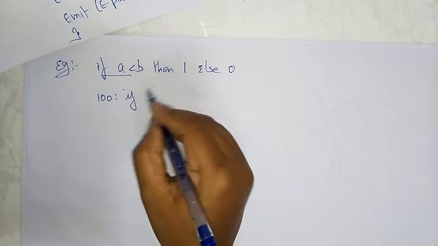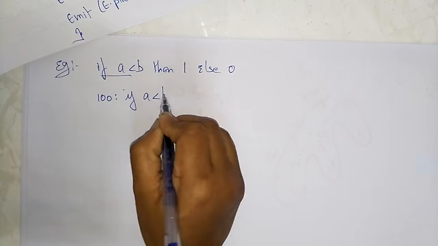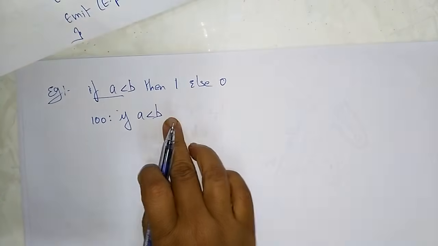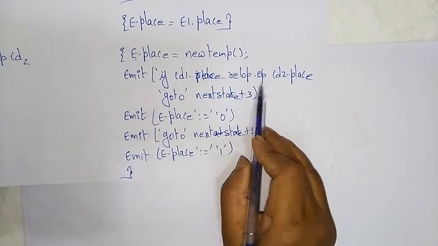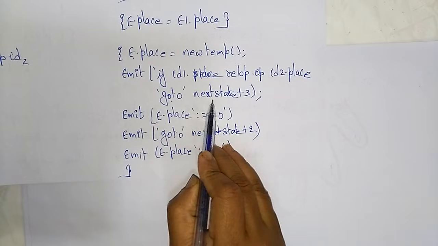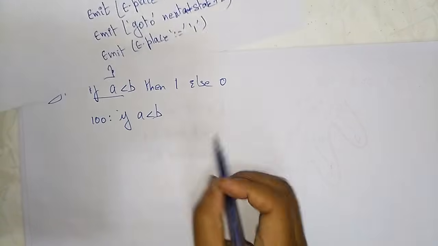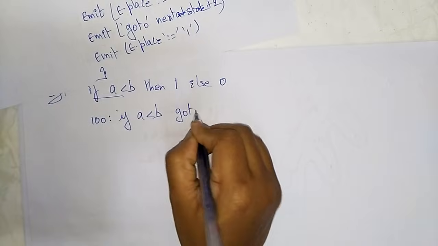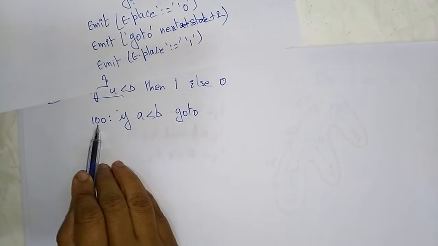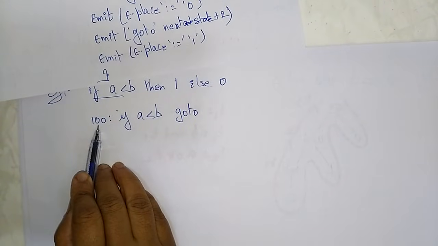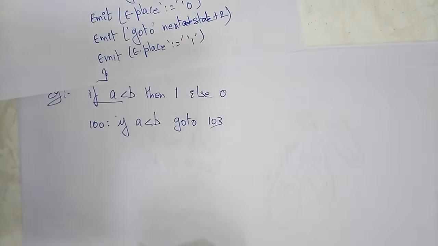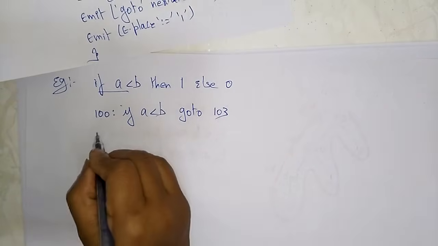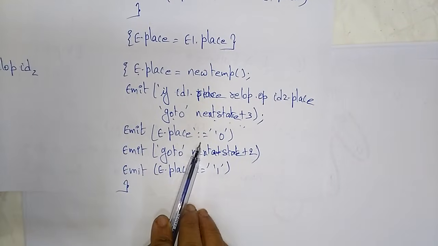First statement: if A is less than B, then what do we have to do? Go to next statement plus 3. So what is the state? Here it is 100. The next plus 3 means add 3, so I have to jump to 103. Now coming to 101, E dot place is equal to 0.